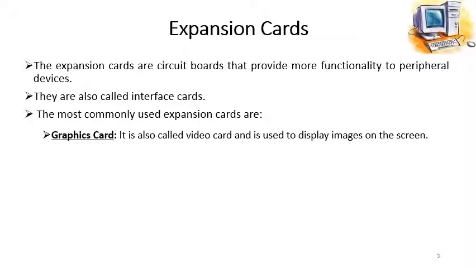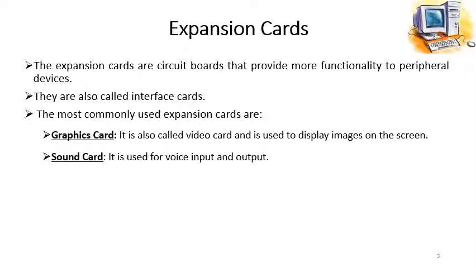It is also called video card, and it is used to display images on the screen. Whether it is image or videos or any kind of colored pictures or videos, animations, they are displayed with the help of graphic card.